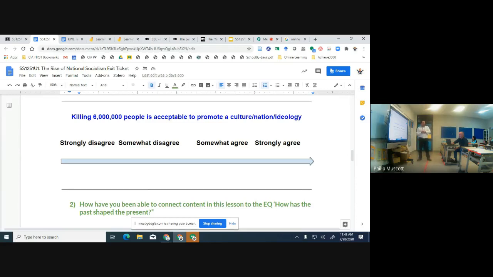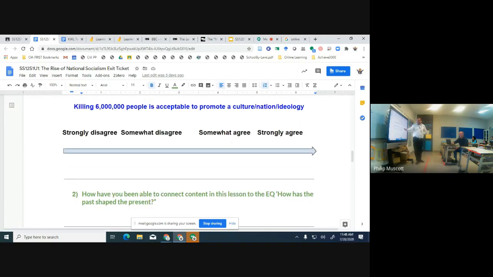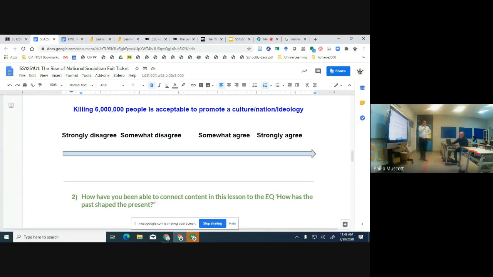It depends if that country has tried to invade my country, so I need to protect the citizens in my country. If they are staying in their land and they don't invade us, then no. Well, I think you're saying maybe you somewhat agree if they are trying to invade you. Right, because we just try to protect our lives.